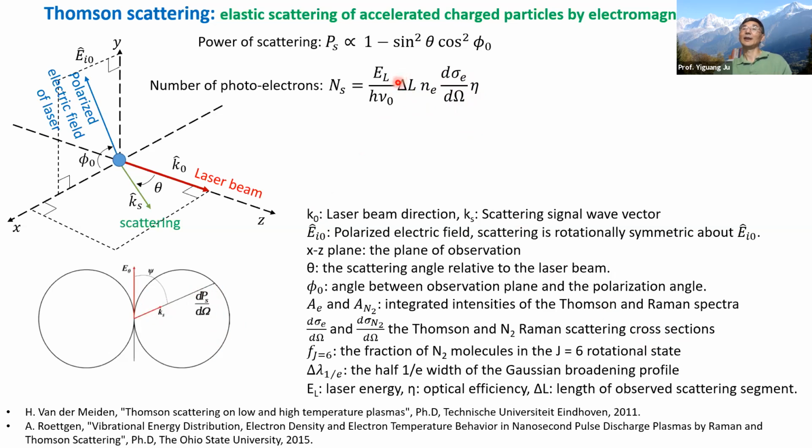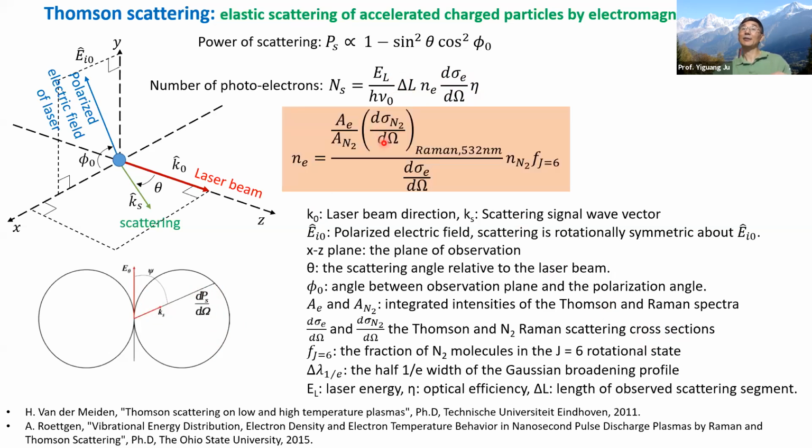So there are a lot of parameters here: the optical efficiency, the optical length, and the laser energy. In order to remove these, we often normalize the Thomson scattering by the Raman scattering. You take the ratio with the Raman signal, which is proportional to a similar eta, delta L, and laser energy. So you can cancel these things. The only thing left is the intensity of the Thomson scattering and the cross sections of Rayleigh scattering and Raman scattering.